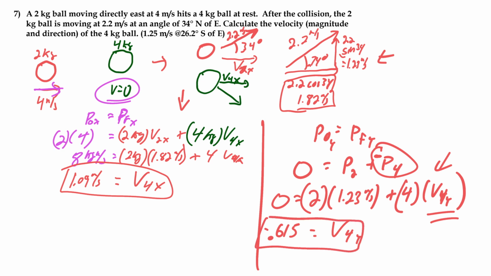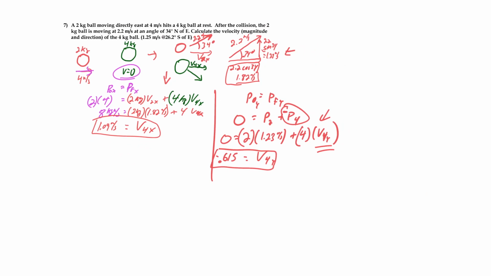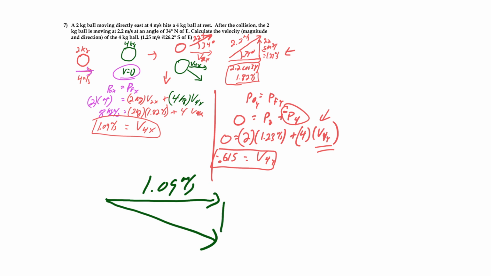All right, now ultimately we want to find the total velocity of ball 4. So let me shrink this down just one more time. So again, we said ball 4 was going to go like this, and it looks like we're right in that prediction. So in other words, we saw this was 1.09, and we saw this was going to be down here, right? So I'll write it as negative just so you can see that it's moving down. So our prediction was right.